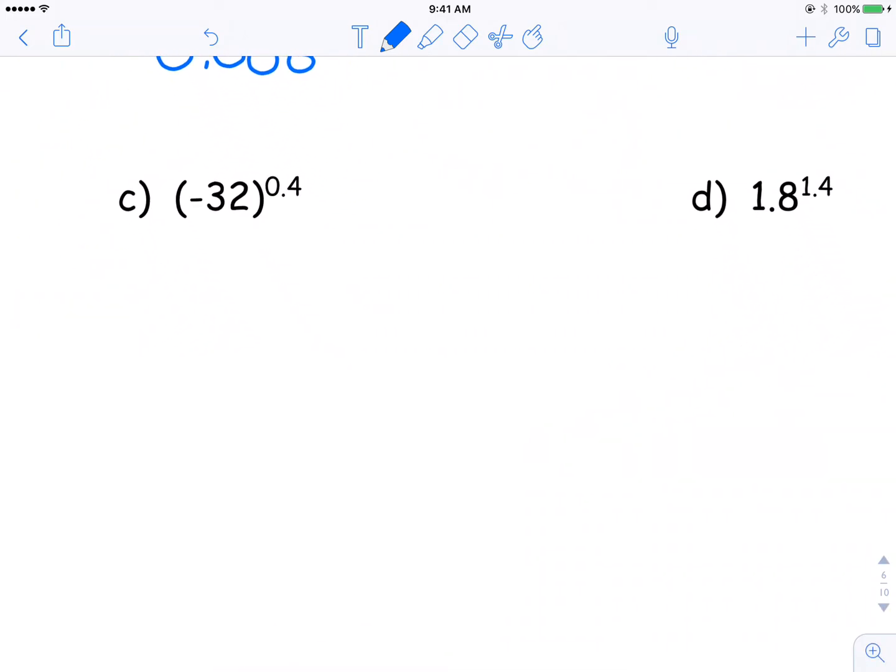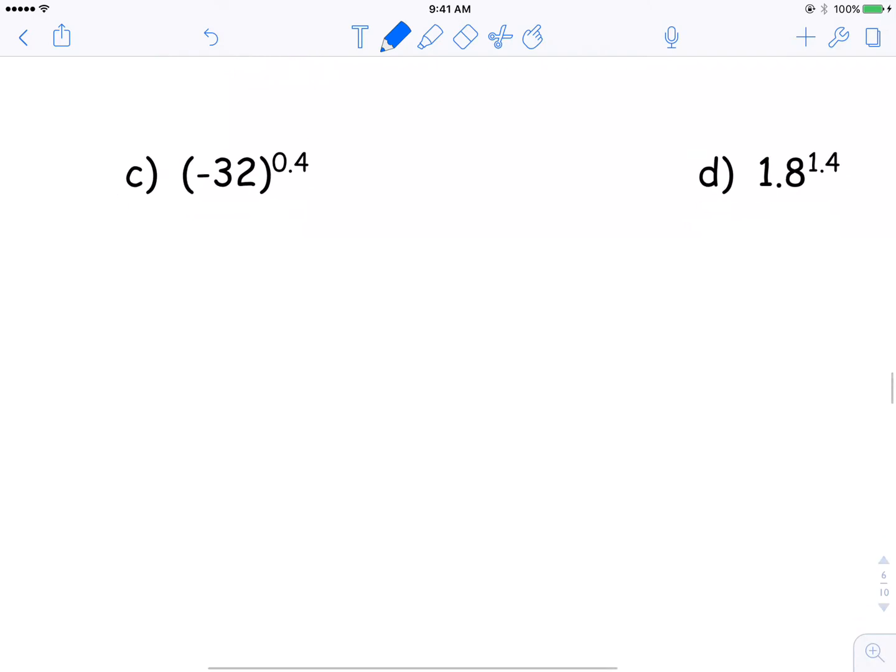Next, negative 32, all raised to the power of 0.4. So here we have negative 32 all raised to the power of 0.4, which, tricky enough, is 4 over 10, which reduces to 2 over 5.